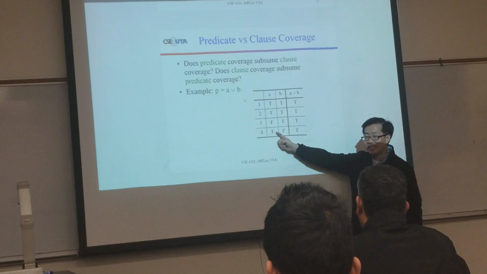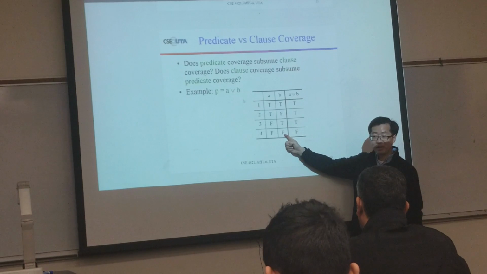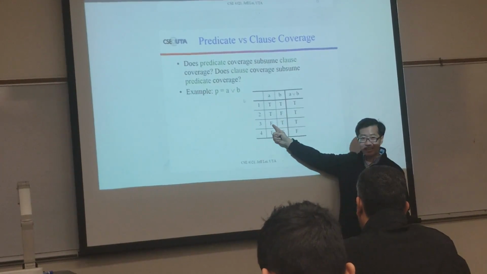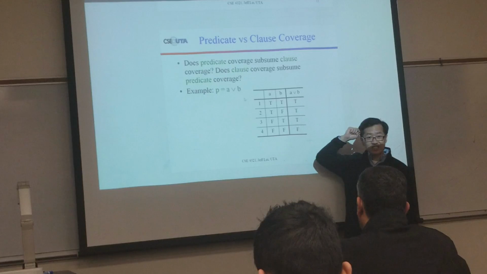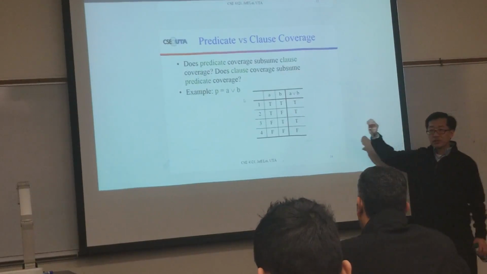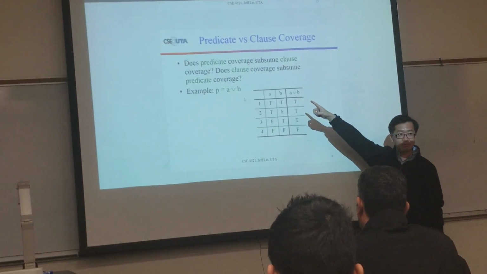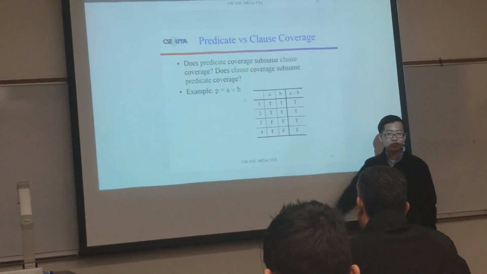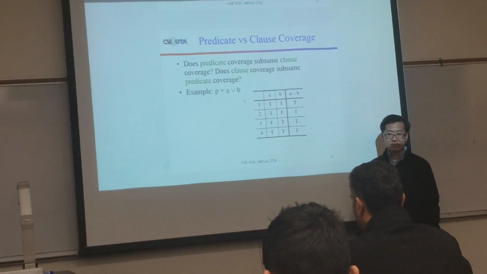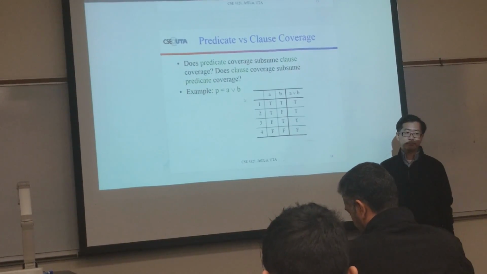When you look at each clause, for clause B you also satisfy 2 and 4. But for clause A, you have false. You cannot test what happens if clause A is true, right? So this counterexample allows you to answer the first question: predicate coverage is not stronger than clause coverage, because you can find a test set that satisfies predicate coverage but not clause coverage. Does that make sense?